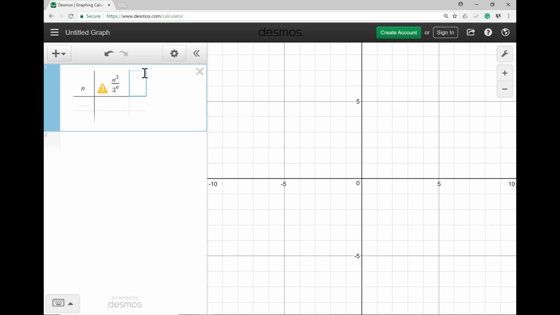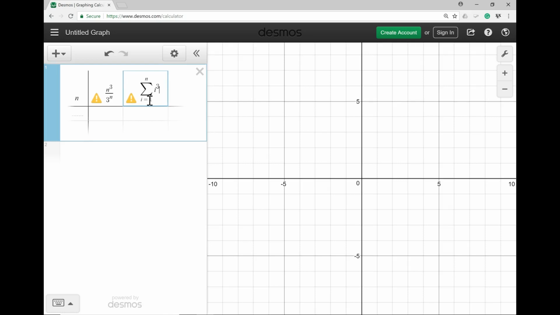And then let's take a look at the partial sums. Remember, SUM pulls up the sigma notation. We do not want to use n for the index because we want n to be the upper bound of our summation, and that's what makes this the nth partial sum. So we'll do i equals 1, and then i cubed divided by 3 to the i.